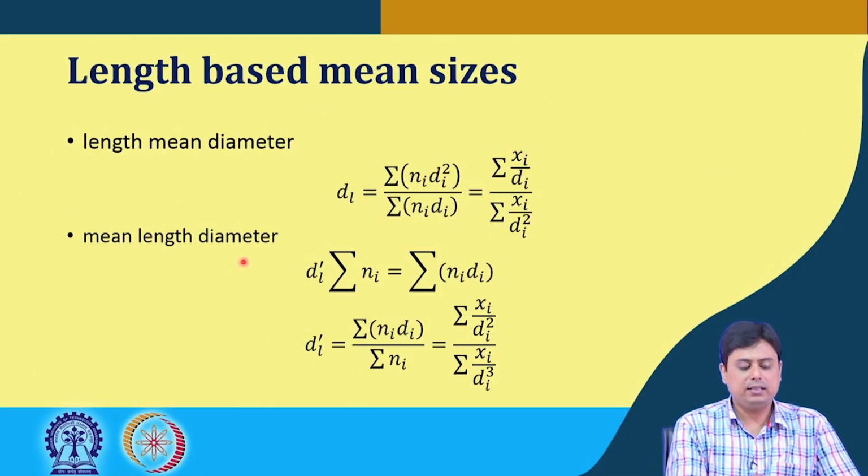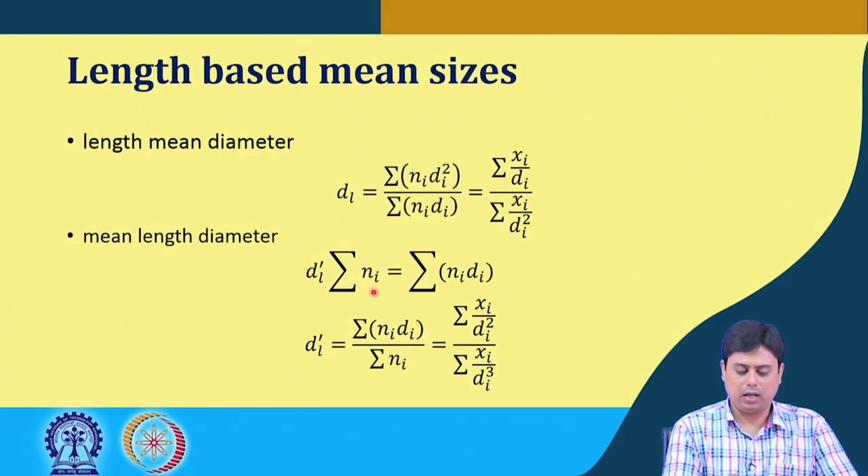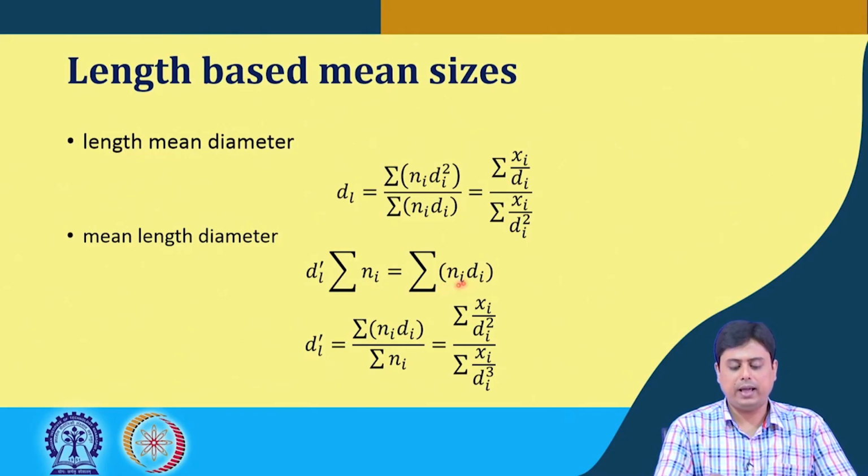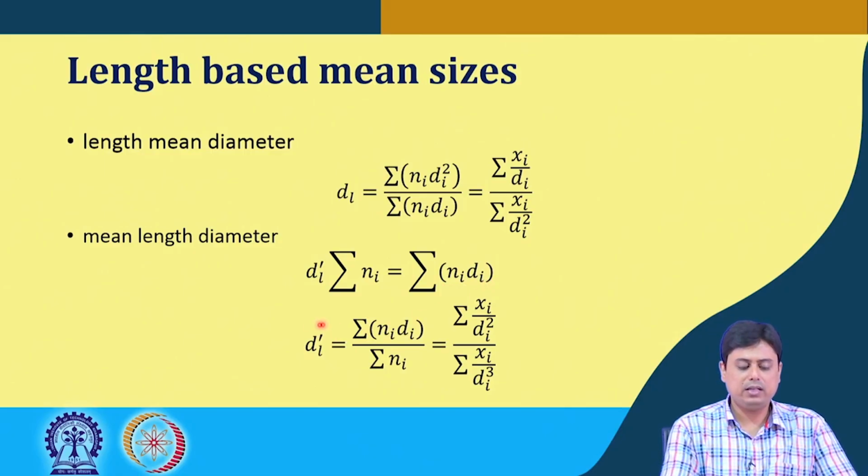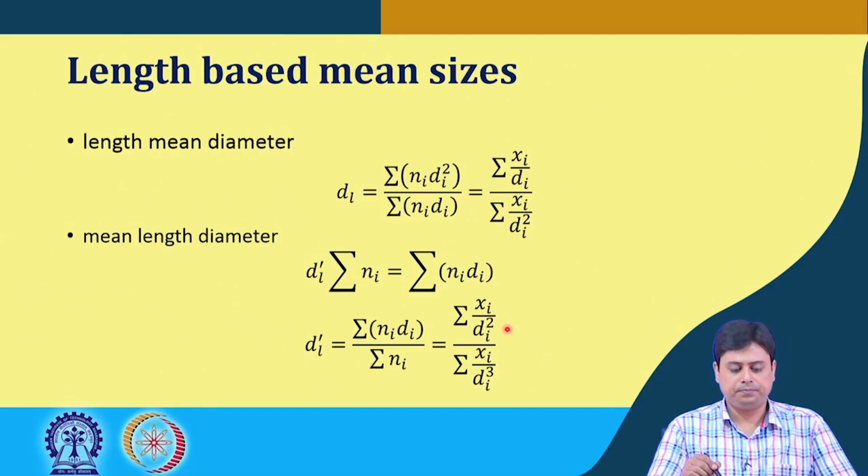For the mean length diameter, a similar kind of definition we have put: if d prime L is the mean length diameter of that sample, it is multiplied by the summation of the number of ith particles, which basically equals the total Ni Di, and we get the mean length diameter by number distribution, and on the extreme right side, this one is by mass fraction distribution.